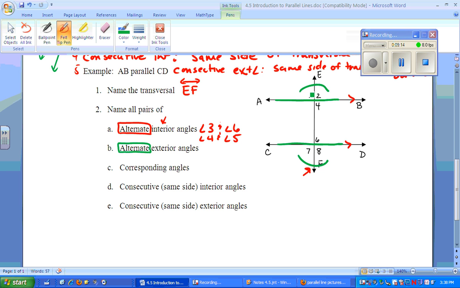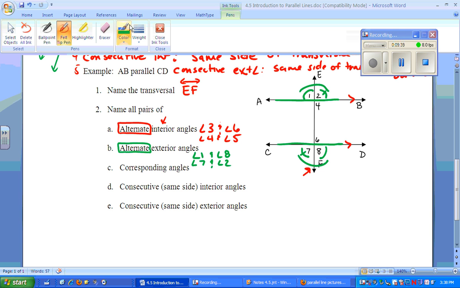And we want alternating exterior. So if I started with angle 1, its alternating exterior partner, bingo, number 8. 1 and 8 would be alternating exterior. Then 7 would match with 2. 7 and 2.